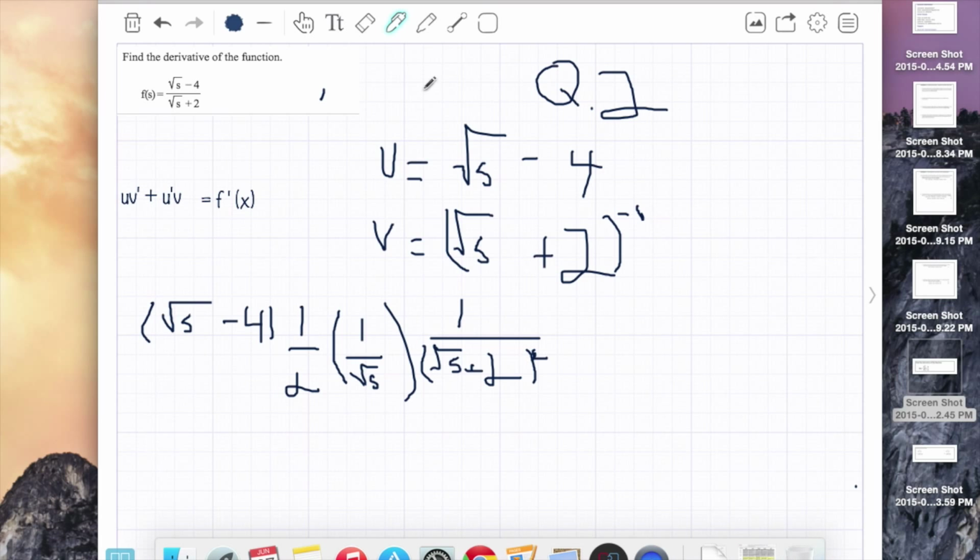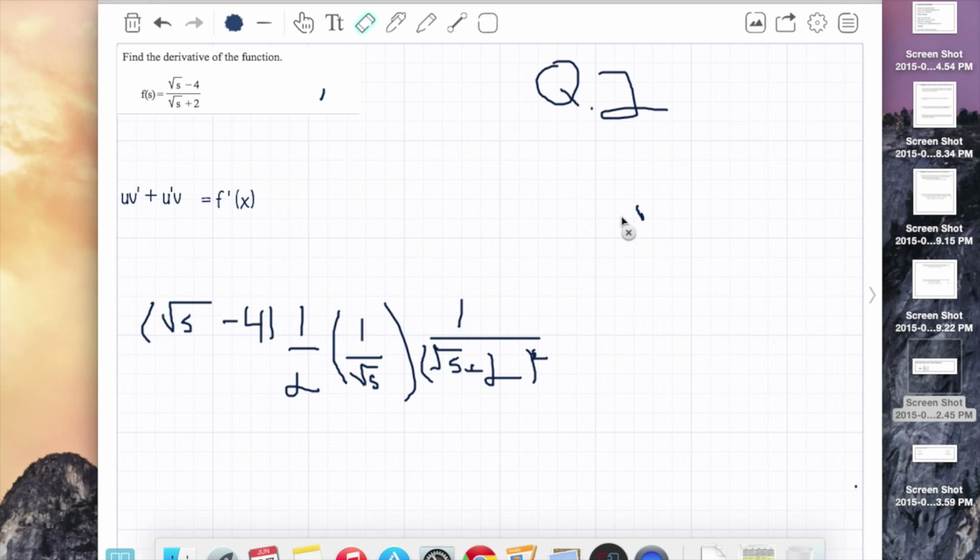So I'm just going to rewrite this really quickly so I can make more space. Delete the u, v. And rewrite it. So s minus 4. Oh, and also, because we took the derivative of the outside of the function, which was to the minus 1 power, we also have to multiply this by minus 1 due to the power rule.